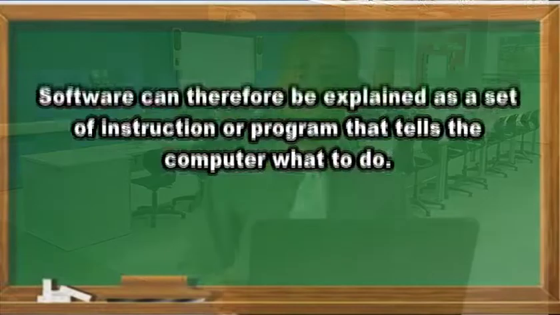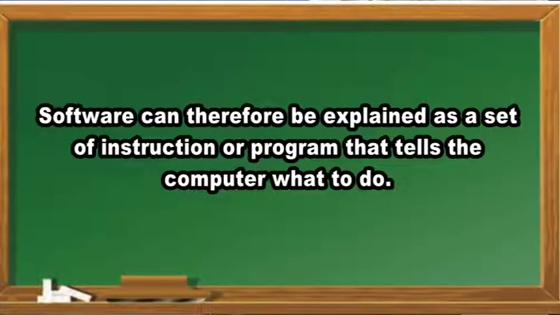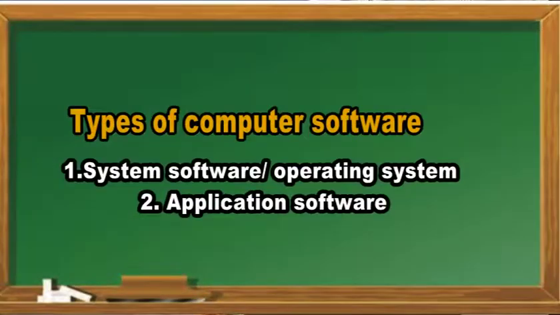What is a software? You remember in Form 1 we studied that a computer software is any set of instructions which tell the computer what to do. We learned that there are 2 main types of software, namely system software, and the second type is the application software.